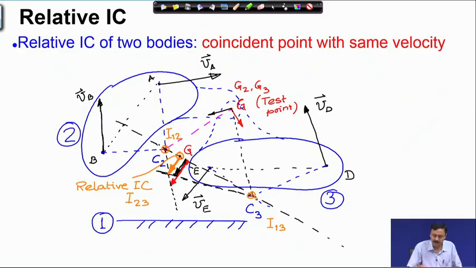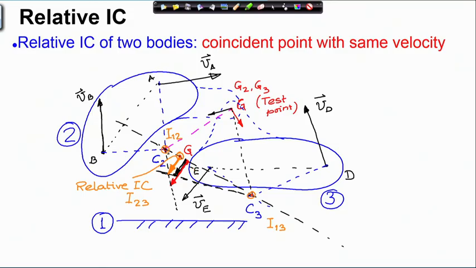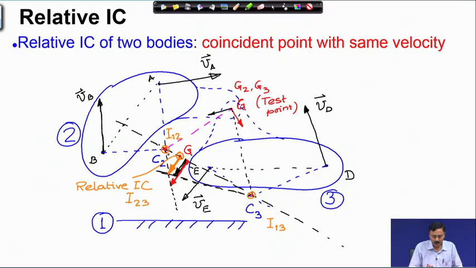So, I12, I23, I13, they all lie on one line. This is what we are going to now generalize.